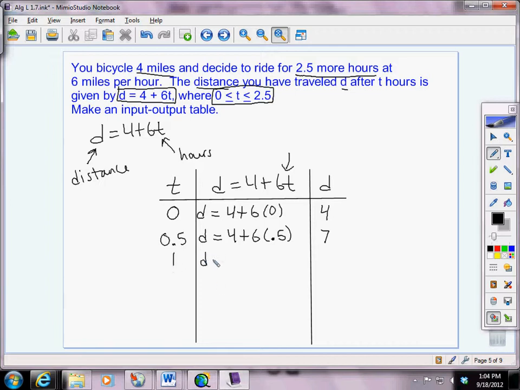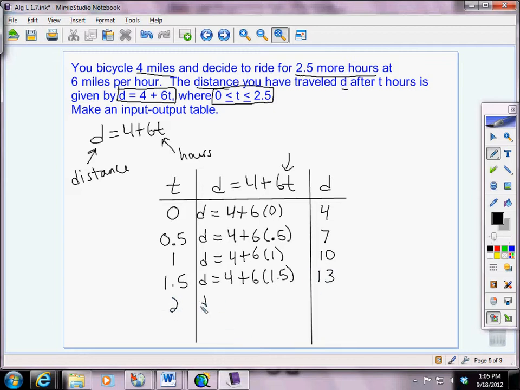I'm going to keep going using a 1 now. 4 plus 6 times 1. 6 times 1 is 6, plus 4 is 10. Use 1.5. 4 plus 6 times 1.5 is equal to 13.